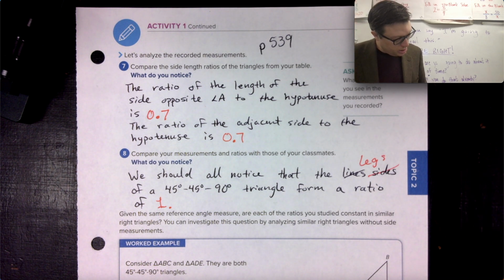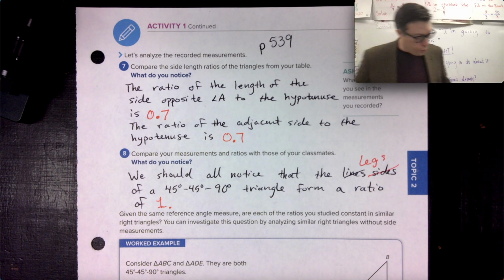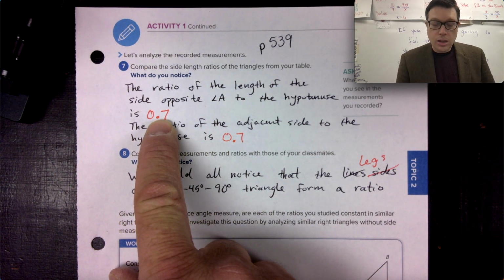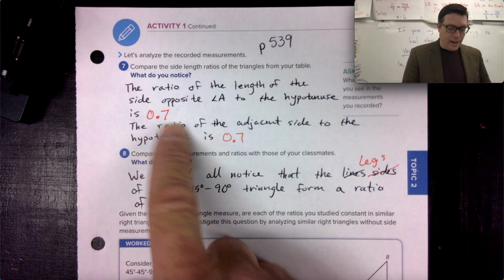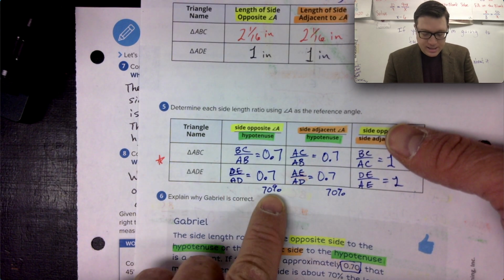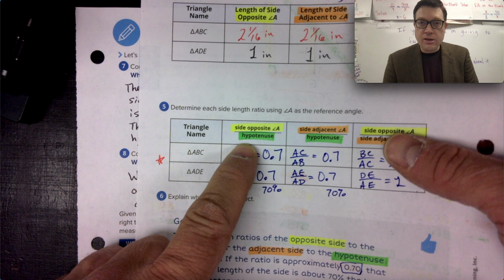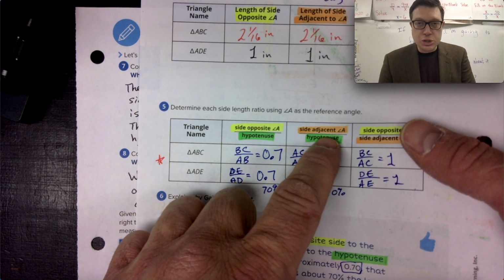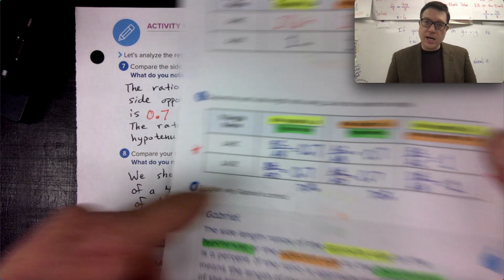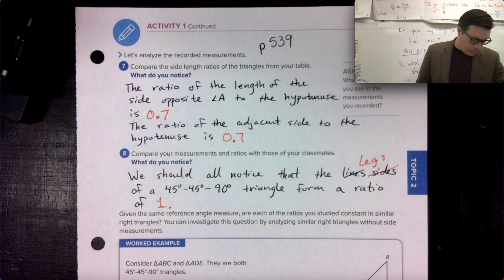Here's another question. What reasoning supports how you wrote the first proportion, the 0.7? And it's all based upon the measurement that the side opposite angle A is 70% of the length of the hypotenuse. And the same thing is true of the side adjacent to angle A. It's going to be 70% of the length of the hypotenuse.